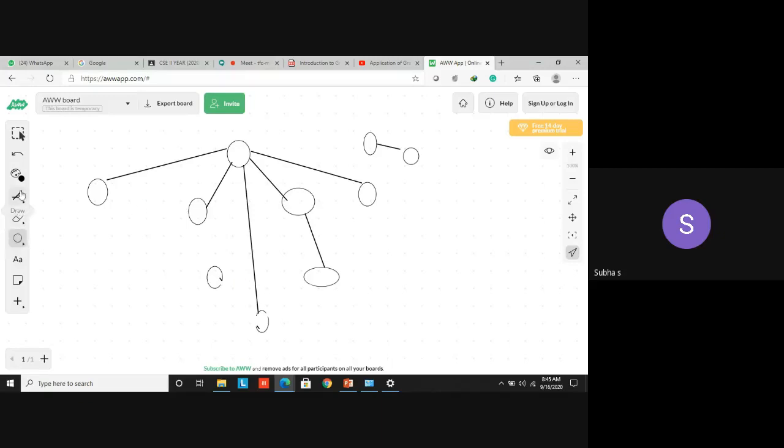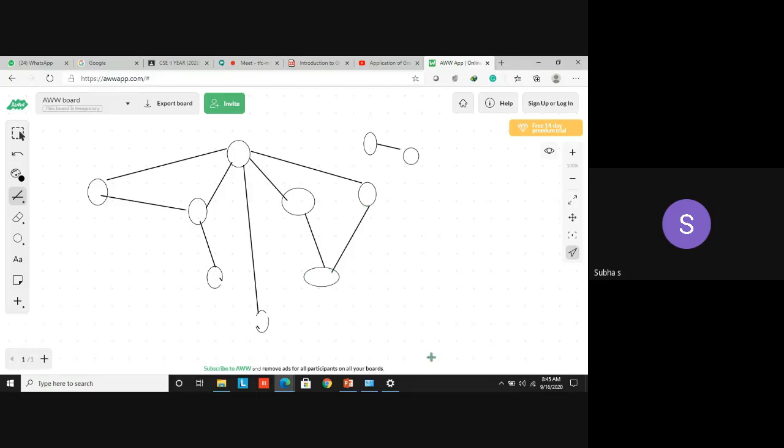Again, I repeat. For example, you are having it like this. Look at this diagram itself. Now this is called a tree data structure. I can easily convert this tree data structure into a graph by simply connecting any one particular edge or any one particular part.